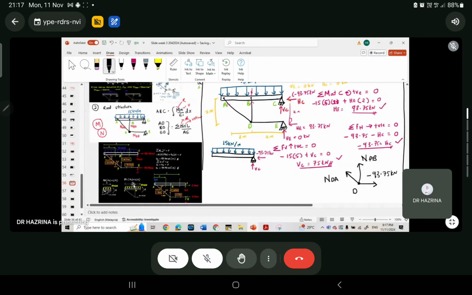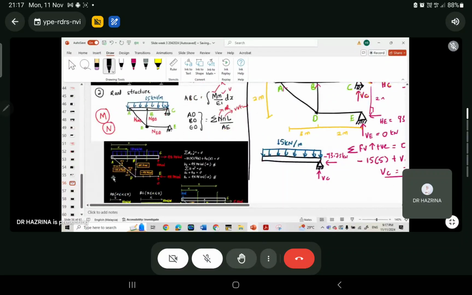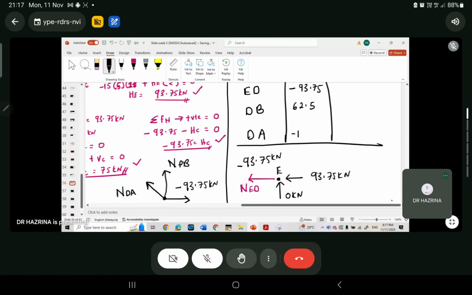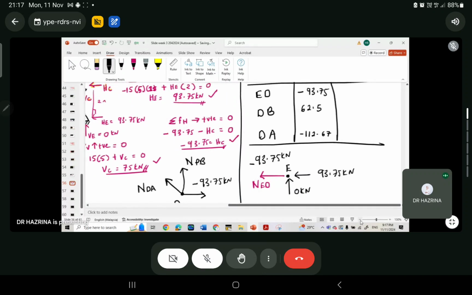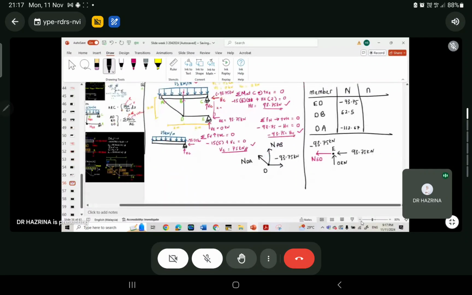For DA, you akan dapat around negative 112.67 kilonewton. So here how you calculate and get your forces. Untuk method of joints ni, I rasa tak ada masalah lah kot nak cari member forces. So you akan dapat negative 93.75, 62.5, negative 112.67.